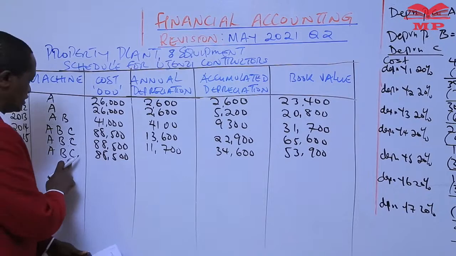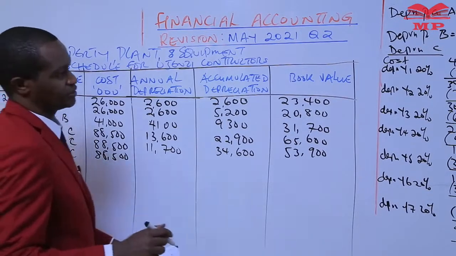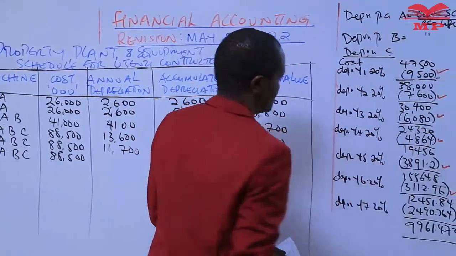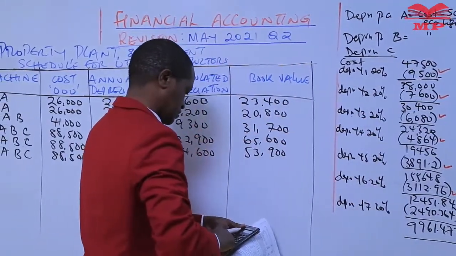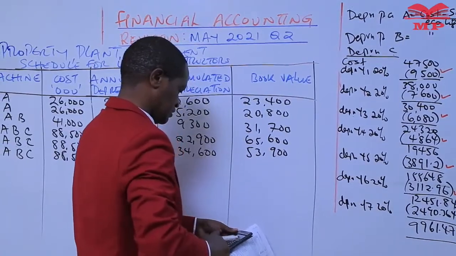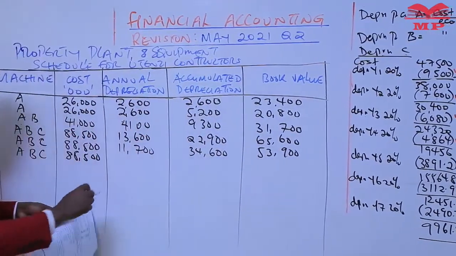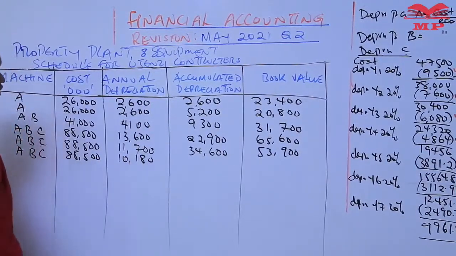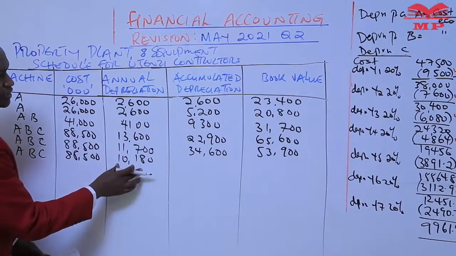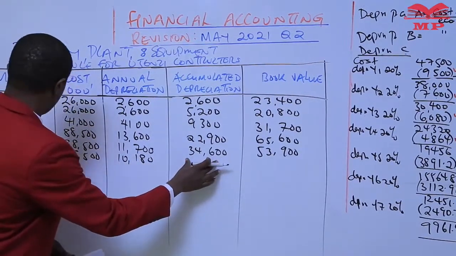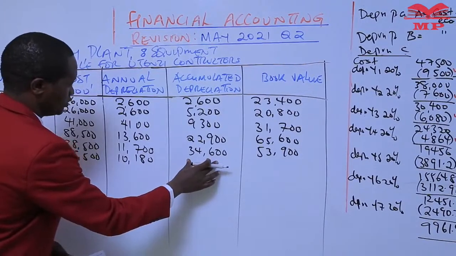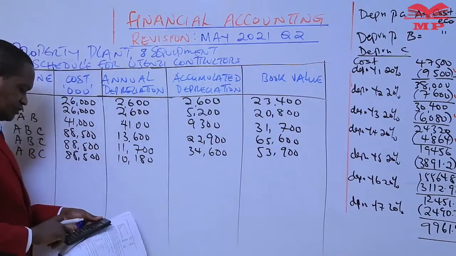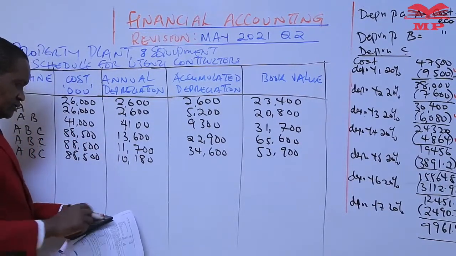Annual depreciation for machine C, the third year, is 6,080, which is equal to 10,180. This 10,180 will help us calculate the accumulated depreciation at the end of the year 2016.